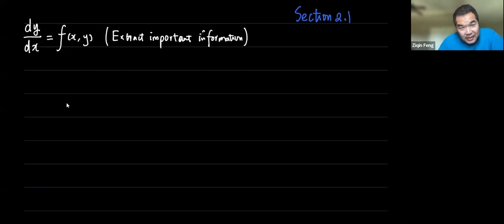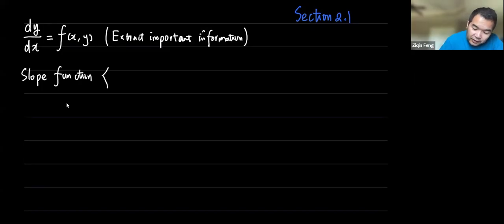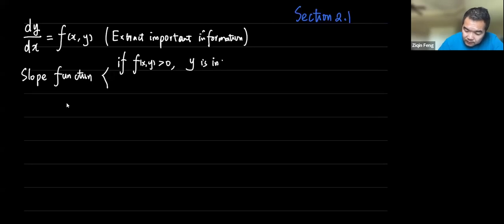Now, clearly you can see that if f of x, y is positive, the function will be increasing. If you have a first order differential equation, you get a slope function. So we have two cases. First, if f of x, y is positive, then y is increasing.